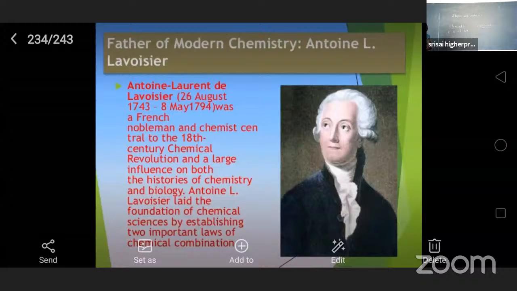And what about compounds? Compounds are substances consisting of two or more different types of elements in a fixed ratio of their atoms. Okay, a compound is a combination of two or more elements.